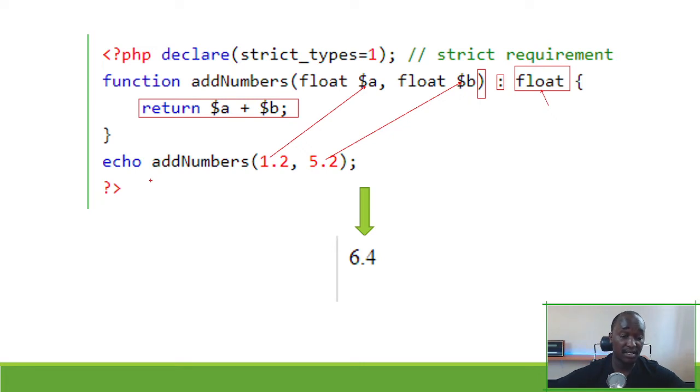Let me just write it. If we do echo, then you call the function numbers, then you pass it 1, space 2. After comma, it's always a good practice to do space.